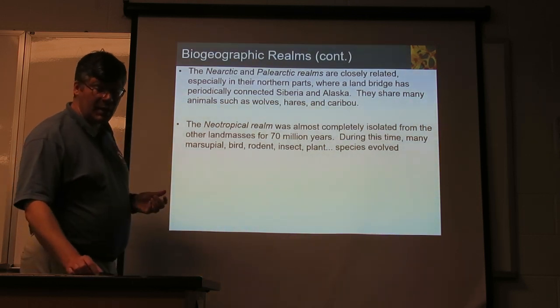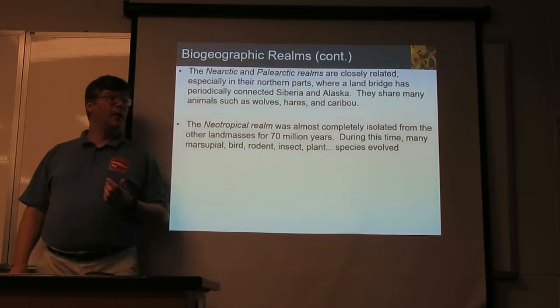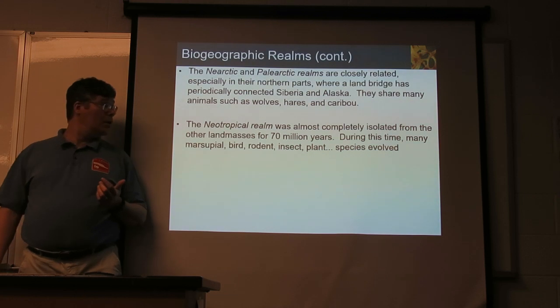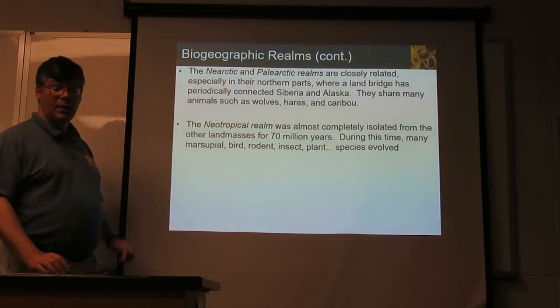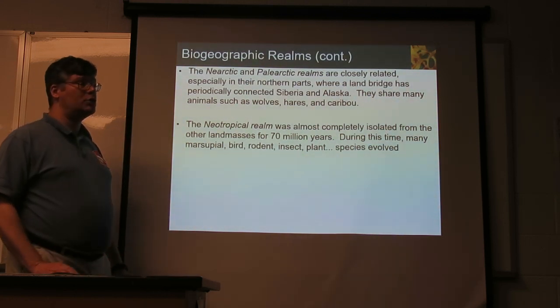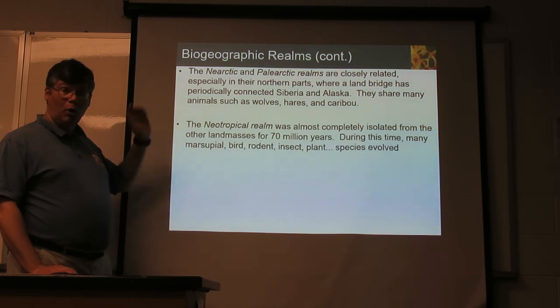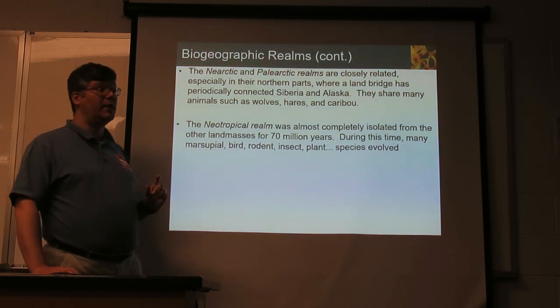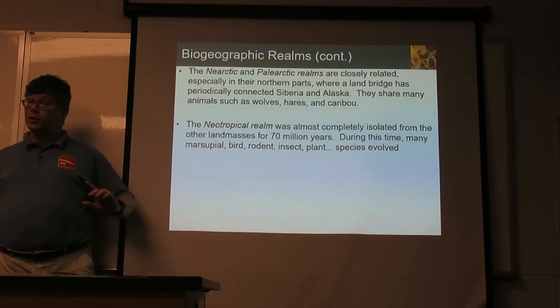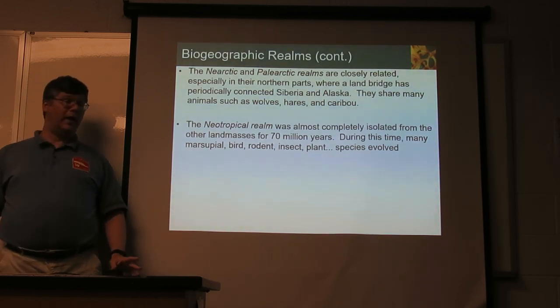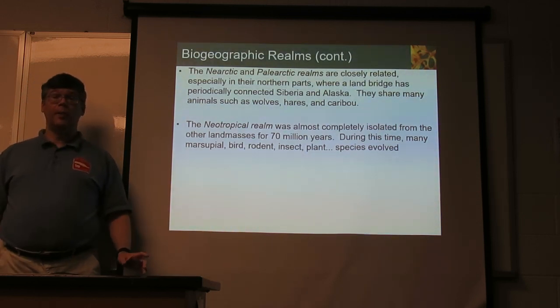Neotropical, in contrast, is very distinctive. South America was an island continent for a large chunk of time. Again, all the way back into dinosaur time, you had splitting so that South America was still connected to Antarctica, and Antarctica on the other side to Australia.